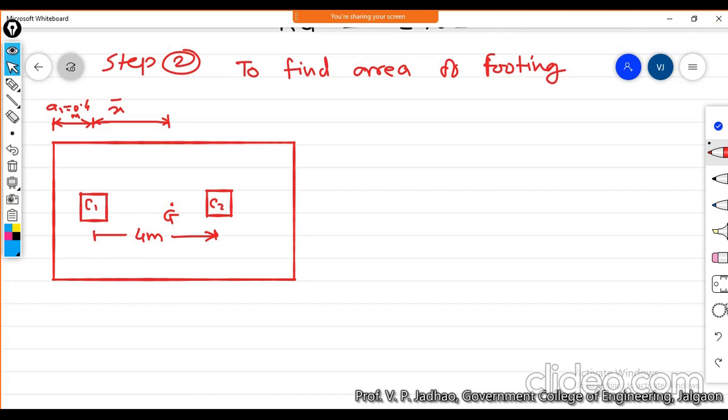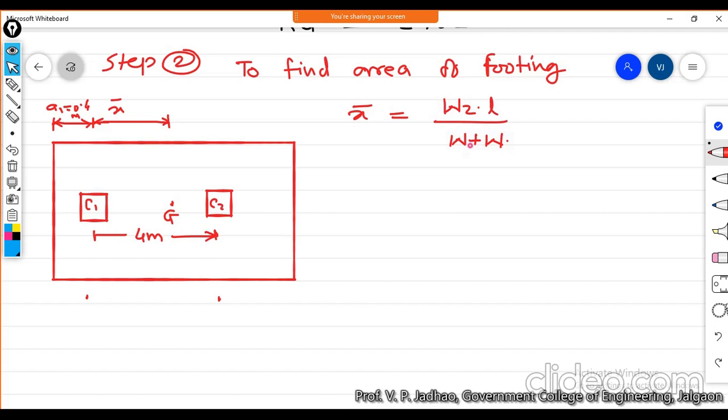We are assuming that the center of gravity of these two loads which are acting on C1 and C2 is acting at point G, which is at a distance x bar from the center line of C1. Therefore, we know that this distance x bar is given by W2 into L divided by W1 plus W2.